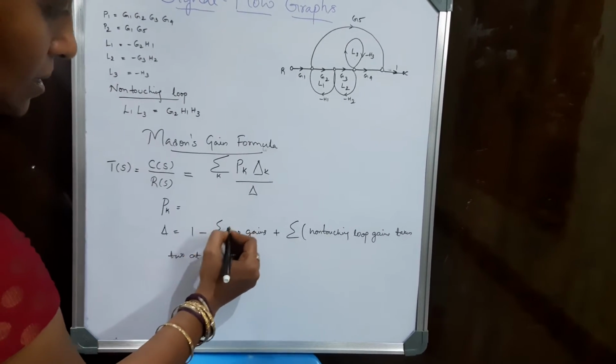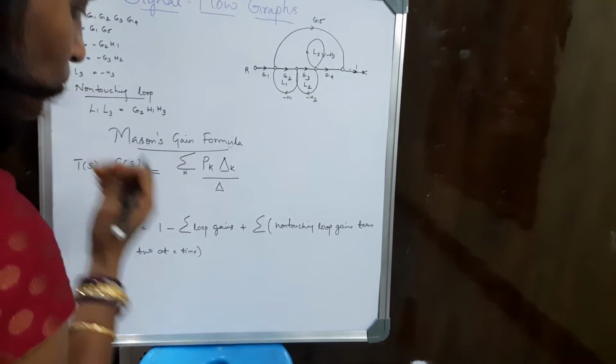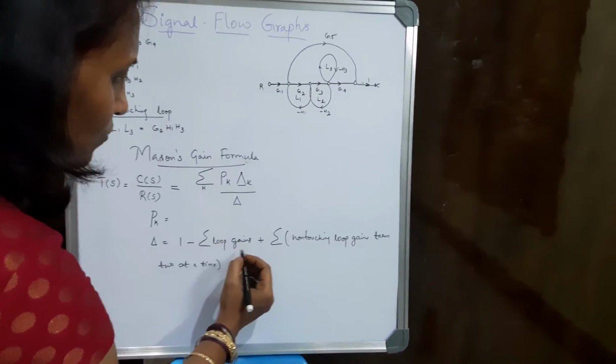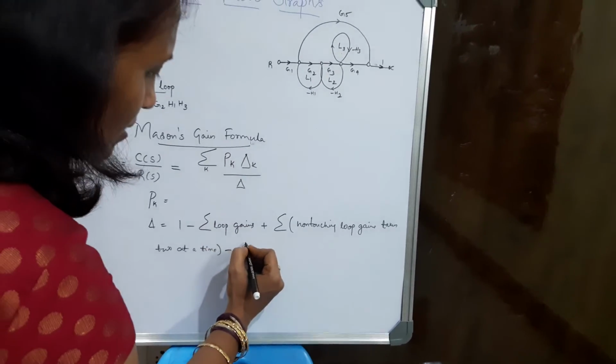This is 1 minus summation of loop gains plus summation of non-touching loop gains taken 2 at a time. We need to know that the signs alternate. First it is minus, then it is plus, now again it is a minus.